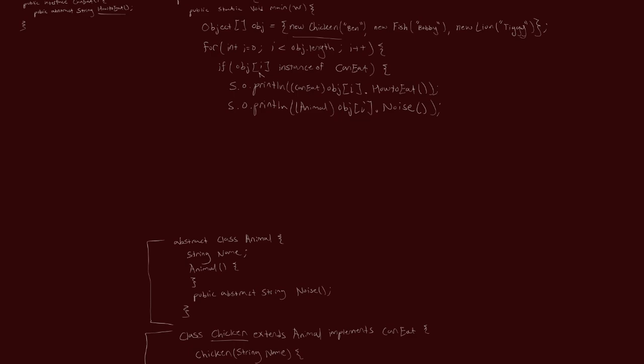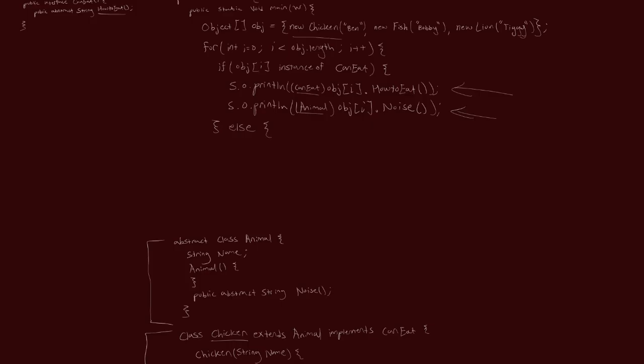Okay, so pretty much the casting changes this. If you have object obj equals new chicken, when we cast it, the object gets overwritten by one of these. So it turns into can eat for this one, and it turns into animal for this one.